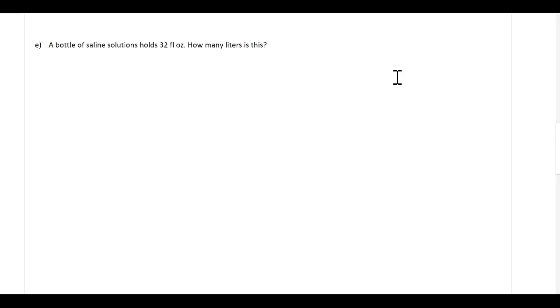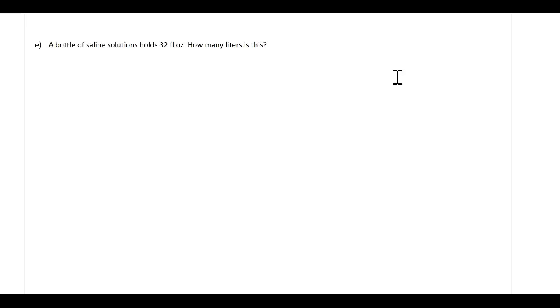You could change your fluid ounces into quarts and then quarts into liters. Doesn't really matter which one you do, as long as you show the conversion that you use, because depending upon which direction you go, your answer may change slightly.